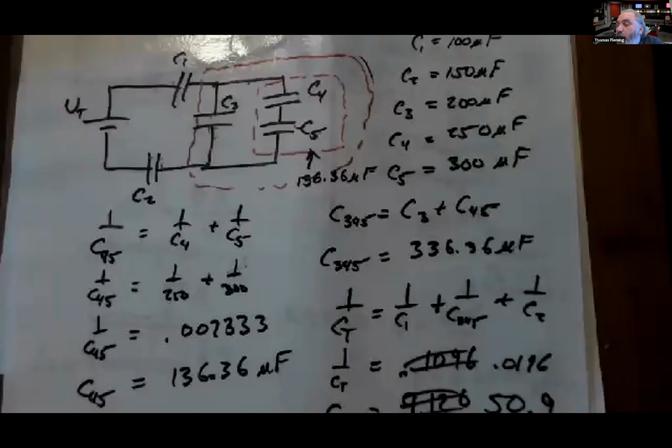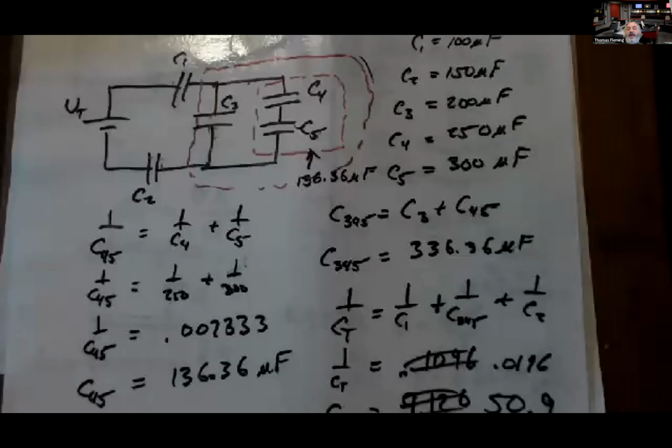Now, a lot of times what's going to happen is we're going to need to know not just what the equivalent capacitance is, we're also going to have to know how much charge ends up on each capacitor. And that's a problem that requires a few more additional steps.